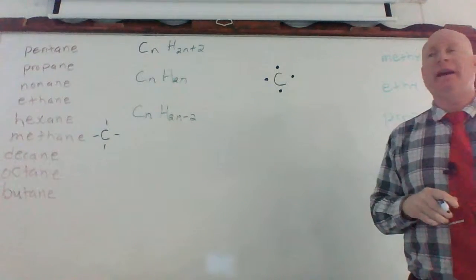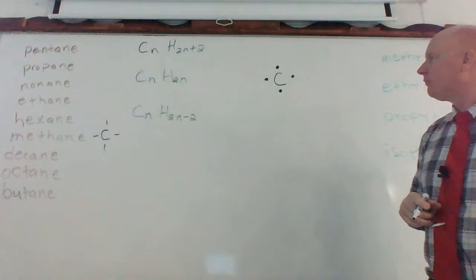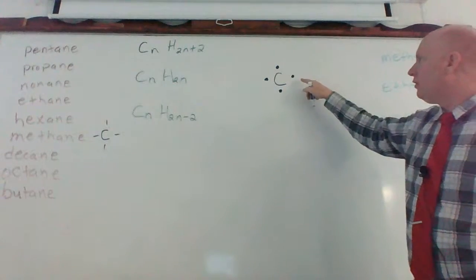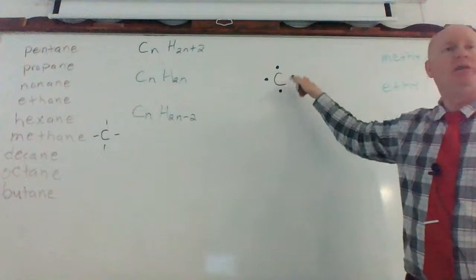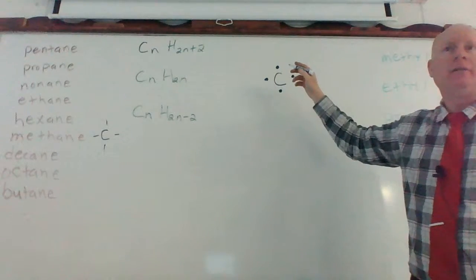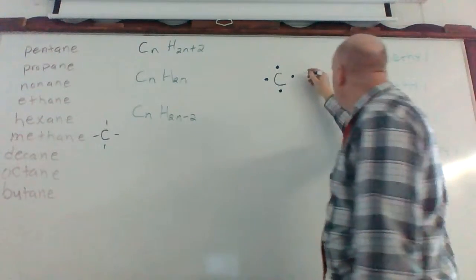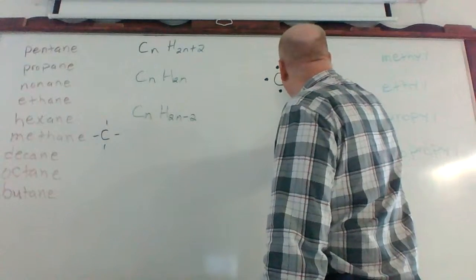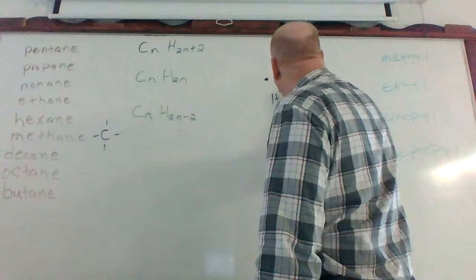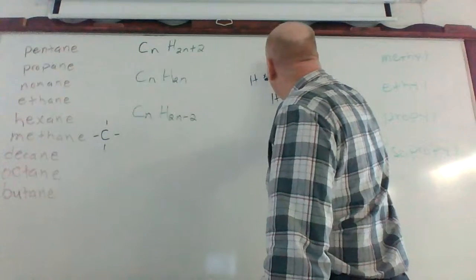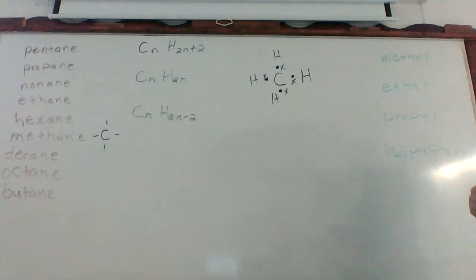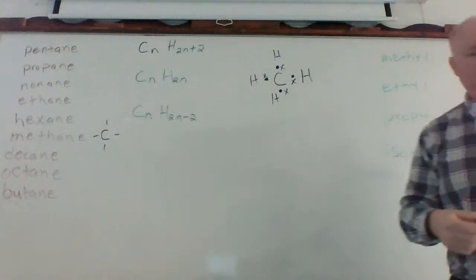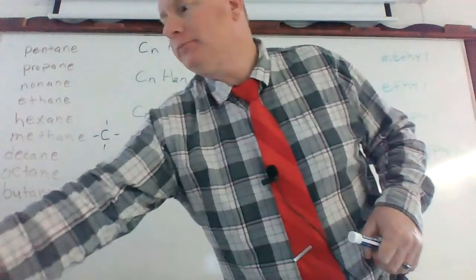So we want to satisfy the octet rule. So where are these other 4 bonds going to come from? You don't need to be writing this part. If you are, fine. This is what you had learned in physical science and probably a little bit in chemistry this year. Okay, that is the dot diagram for that of methane.